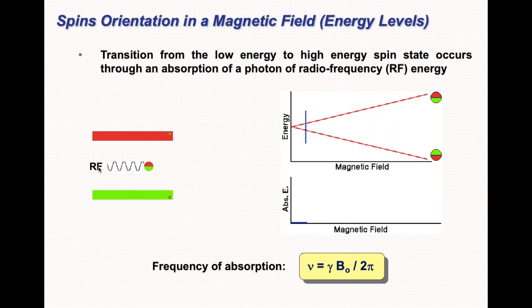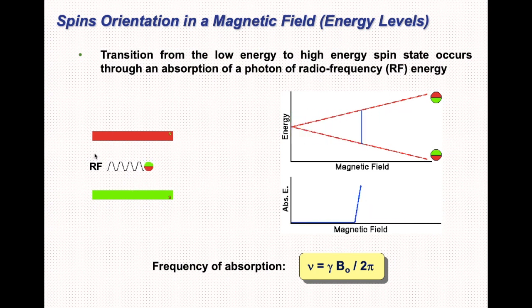Now, if you shine light onto a magnetically active nucleus which is placed in between a tiny bar magnet, the alpha spin states will make a transition to the beta spin state by absorbing the appropriate radio frequency, whose frequency exactly matches the energy gap of alpha and beta.